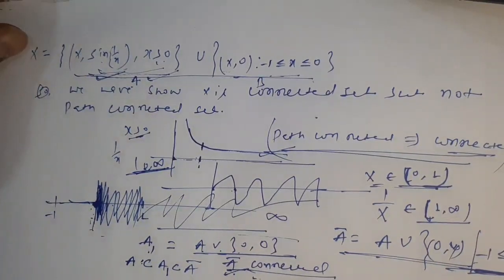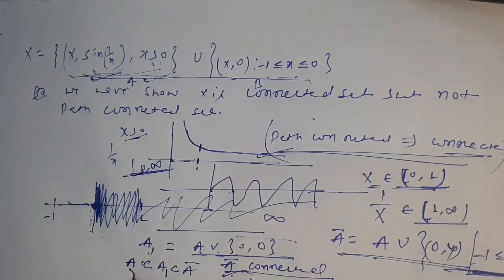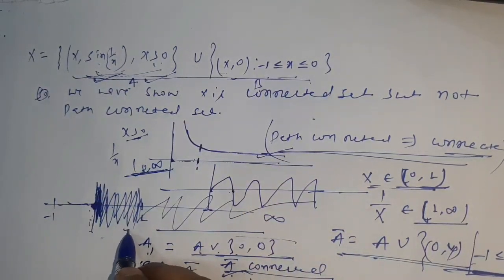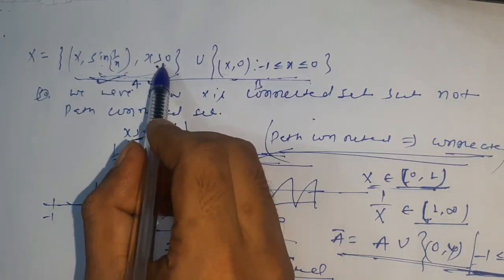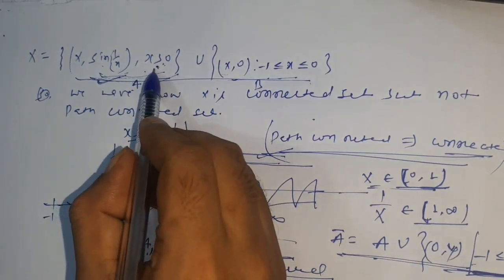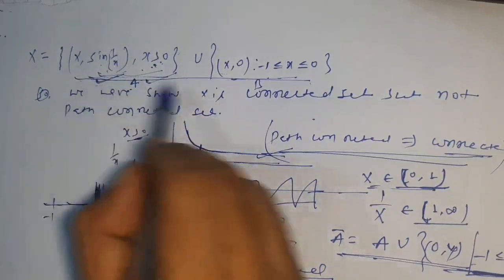See carefully what happens here. A is connected, we know very well, and by the graph also we can say A is connected. Otherwise, x is connected and sin(1/x) is continuous, and the continuous image of a connected set is connected, so we can say A is connected. A is given by this set and B is this set.